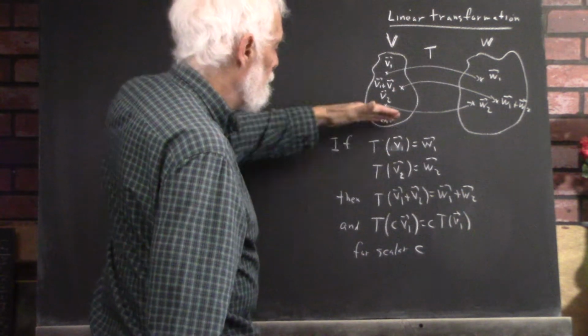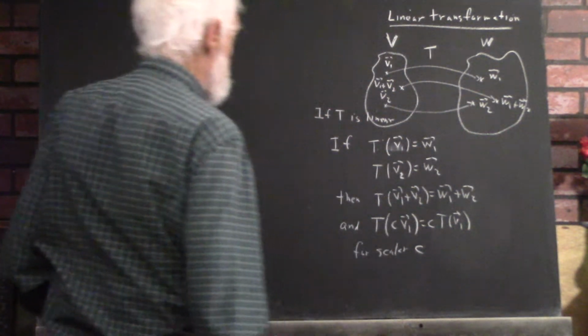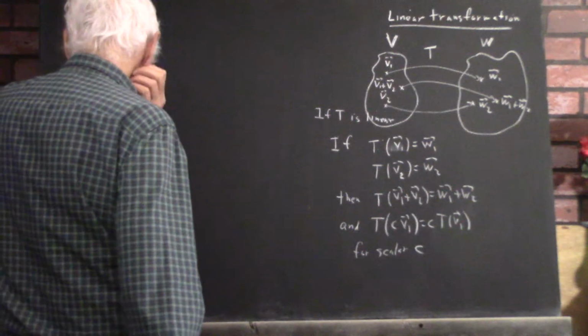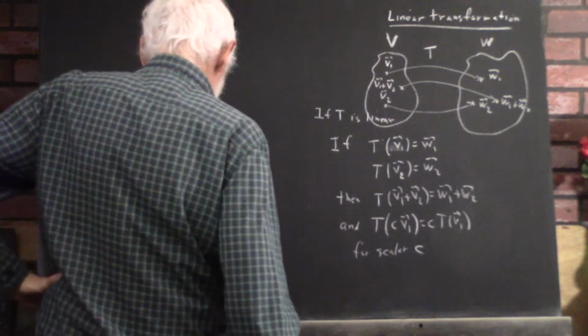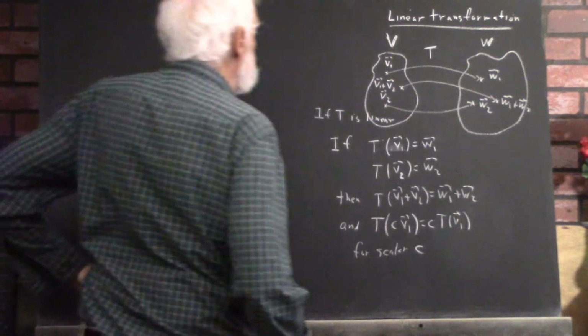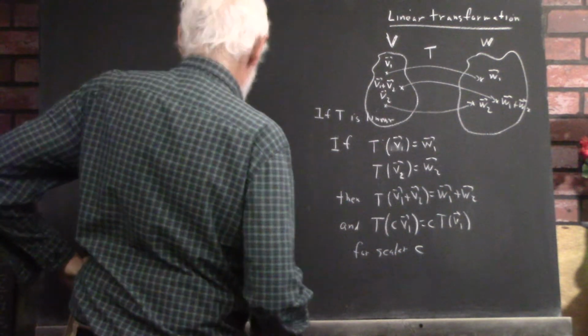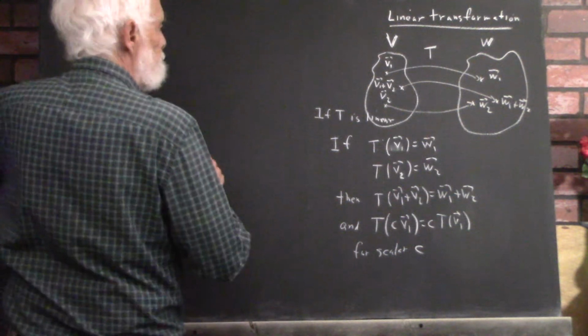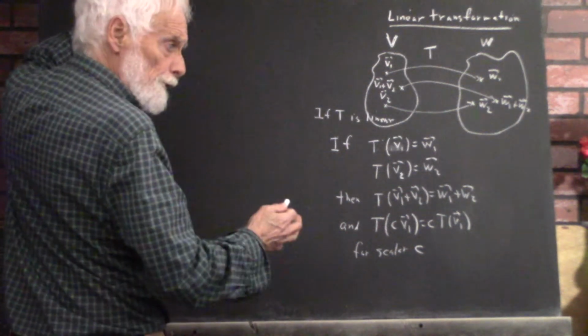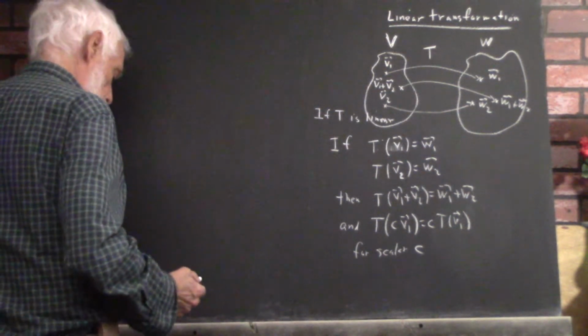It's linear if these conditions are satisfied for every set of vectors in the space. I'm just going to assert right now that, in doing the homework, you'll see why it has to be so.